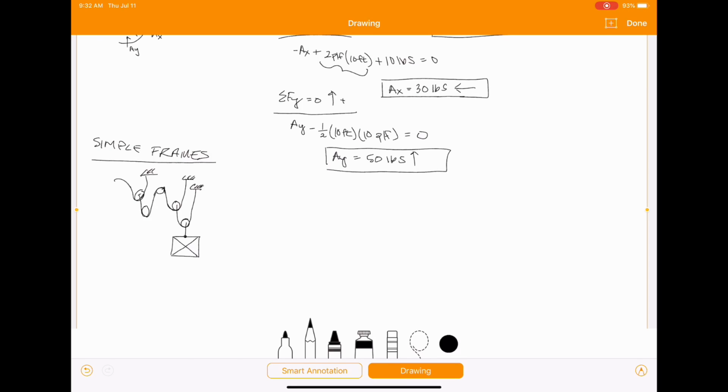And we'll do one more for good measure. And you're pulling down with some force. Now, let's say this crate weighs 500 pounds.